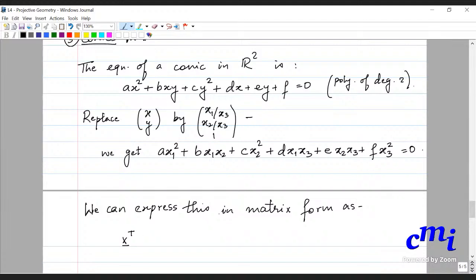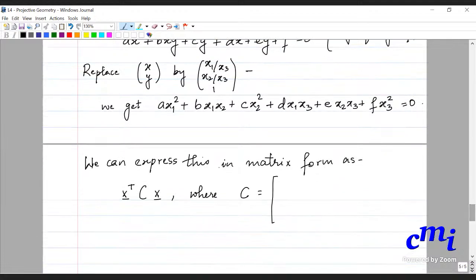x transpose C x, where C is the matrix. You can guess what x underline is going to be: it's going to be (x1, x2, x3).